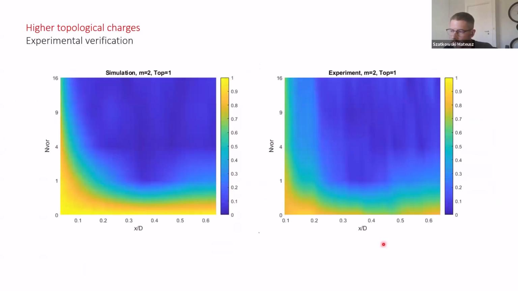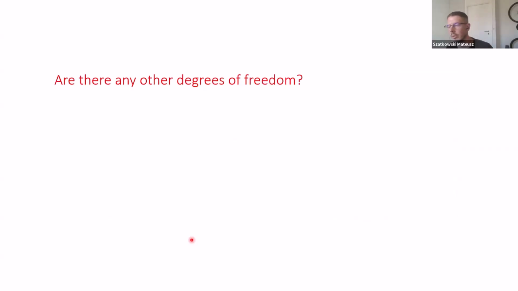We also verified experimentally, where we have small misalignment. However, this dark area here is somewhere here, and I see that the x-axis is not to scale. However, this is close to 0.4, and so is here. So we confirmed that experimentally for higher topological charges as well. But the question is, are there any other degrees of freedom?